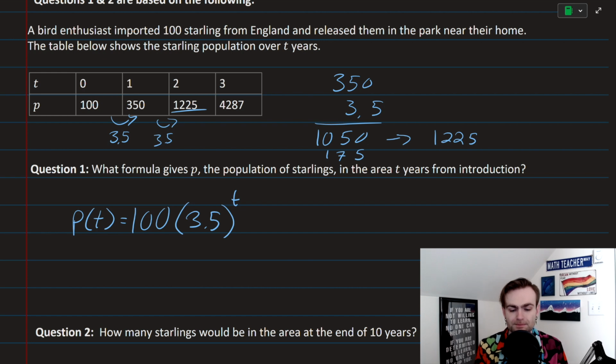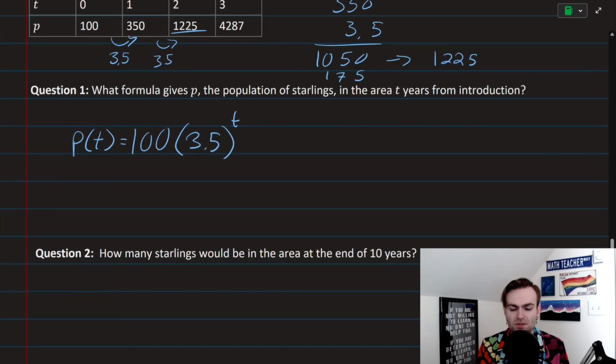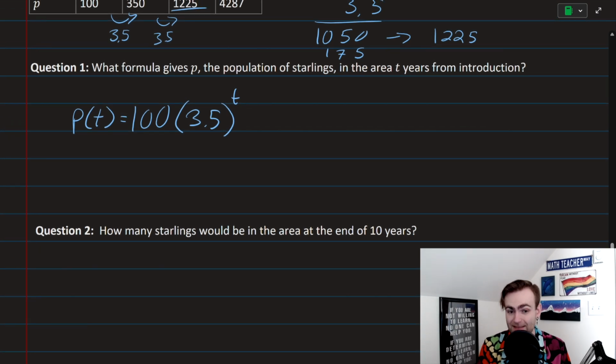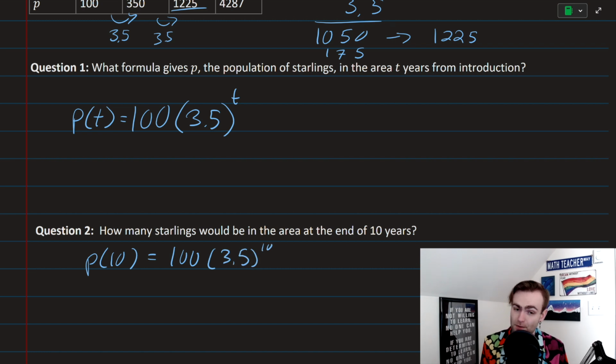That's not that bad. How many starlings would there be in the area at the end of 10 years? Now that gets a little complicated. We do P of 10, which is equal to 100 times 3.5 to the 10 power. If you're given a question like this, you're probably going to be given a calculator to go along with it.